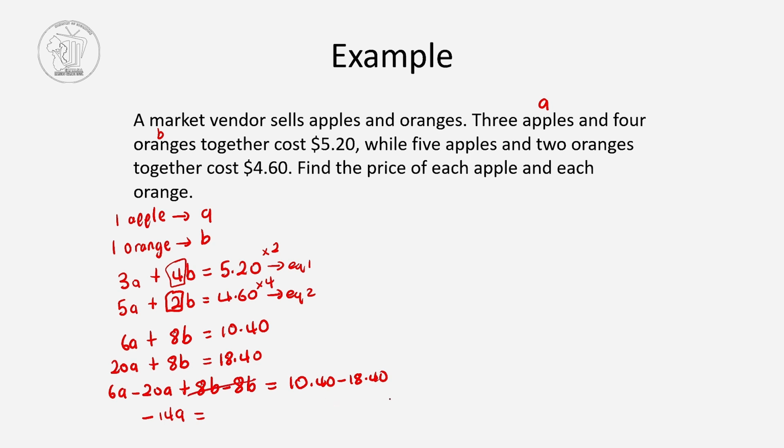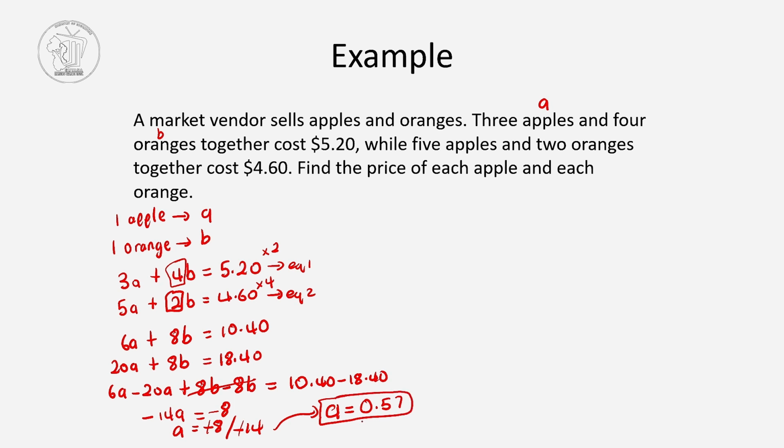So 10.40 subtract 18.40 would give us a negative 8. So to solve this equation, A is equal to negative 8 divided by negative 14. The negatives will cancel out. So 8 divided by 14 would give us 0.57142, and it keeps going on. So we can just say $0.57.